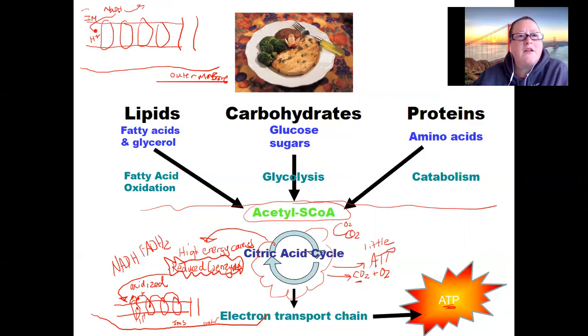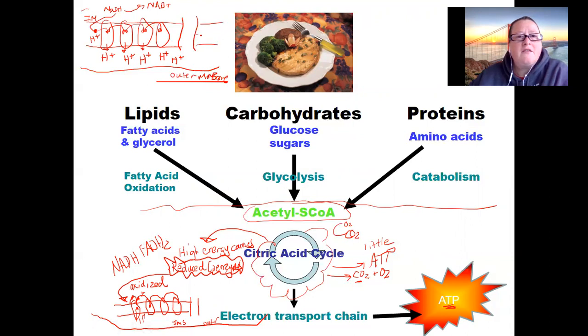So it's actually turning into NAD plus. And as the electrons bounce from protein to protein in the electron transport chain, hydrogen ions get spit out, and they start to build up in this outer membrane space.